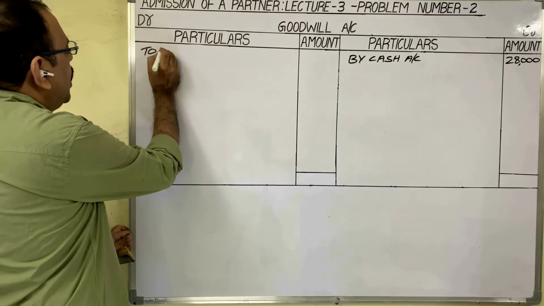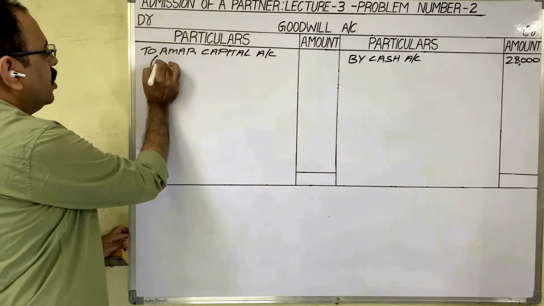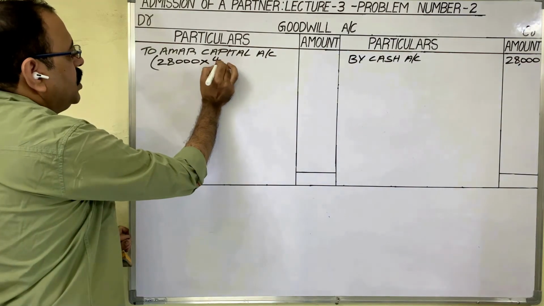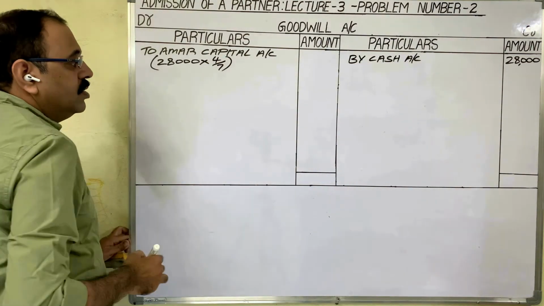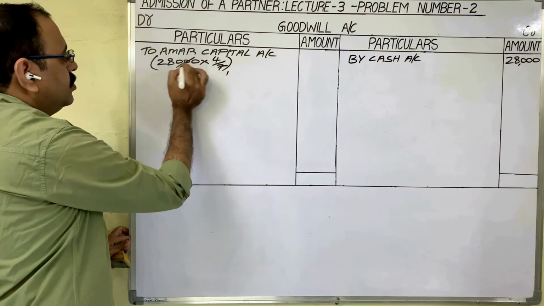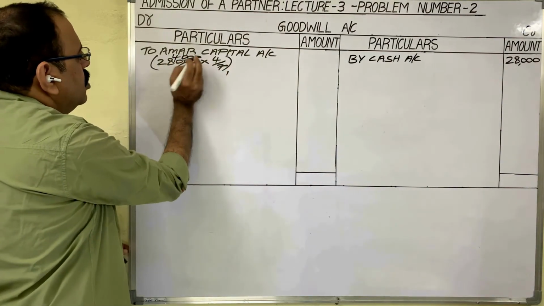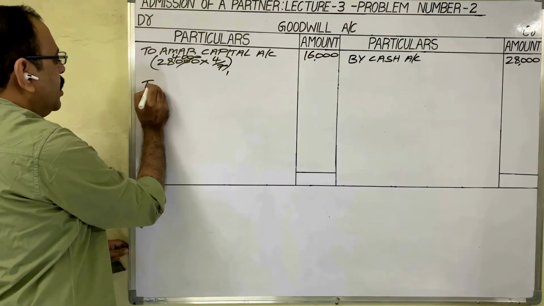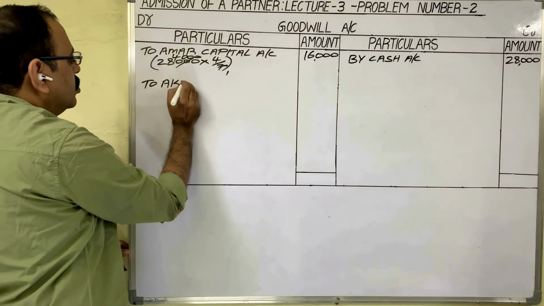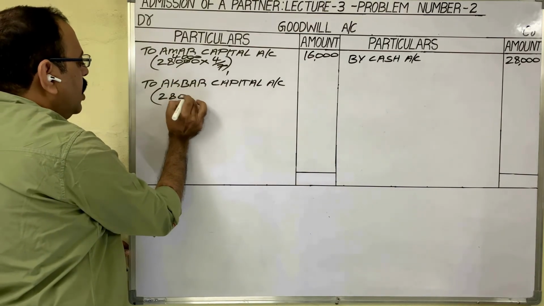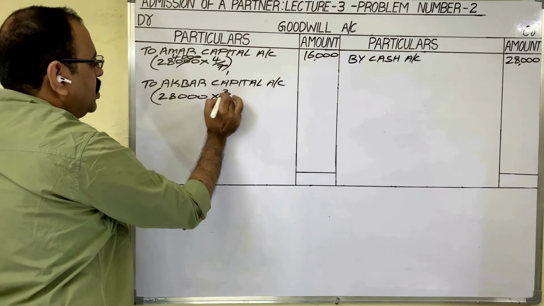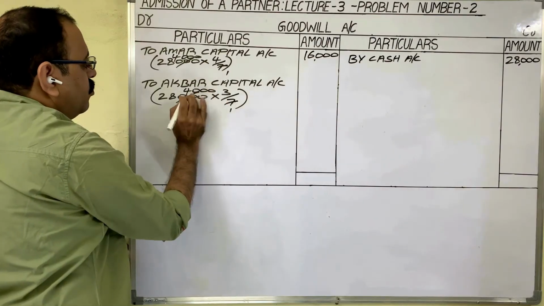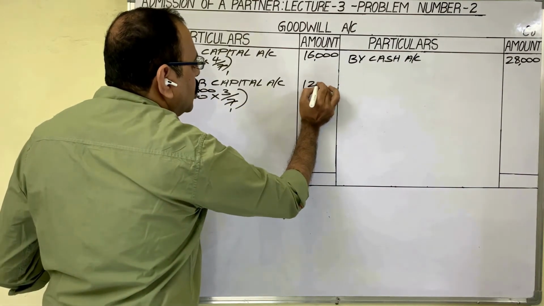To Amar capital account: in total goodwill 28,000 rupees, Amar's sacrificing share is 4/7. 4,000 into 4, 16,000. Second partner, to Akbar capital account: in total goodwill, Akbar's sacrificing share is 3/7. 4,000 into 3, 12,000 rupees.